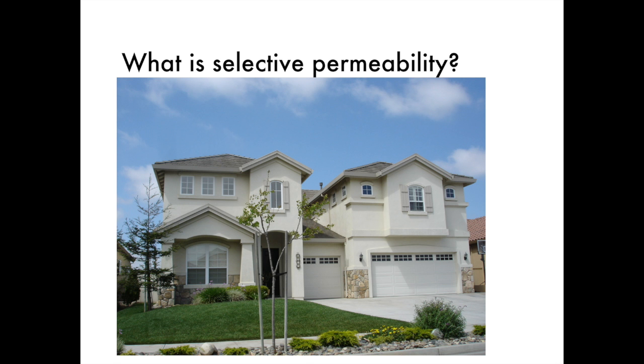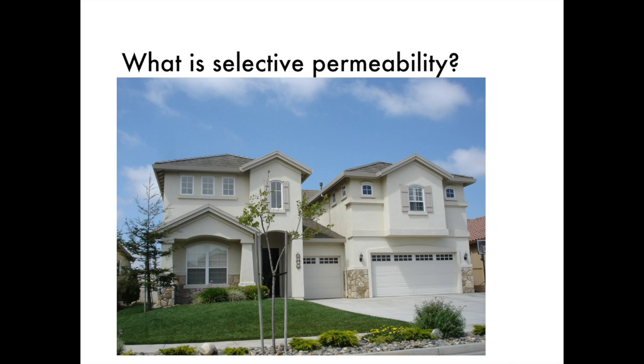So selective permeability is kind of like your house. Now, your house probably doesn't look like this, but it probably does in the sense that it's got doors and windows, and maybe it's got a garage or 2-car garage.